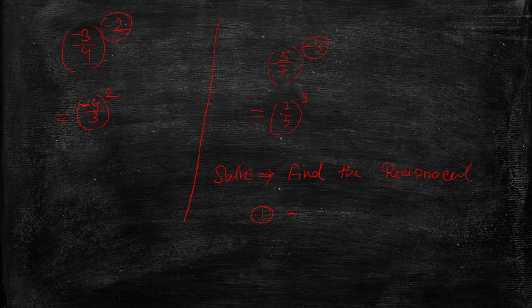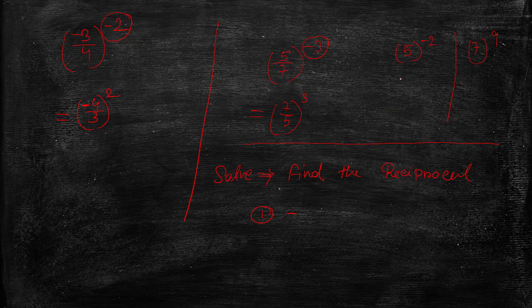Okay, one more thing I need to explain. Suppose there is 5 to the power minus 2, or something like 7 to the power 9. So what will be the reciprocal? Easily, we can write 5 as 5 by 1, right?